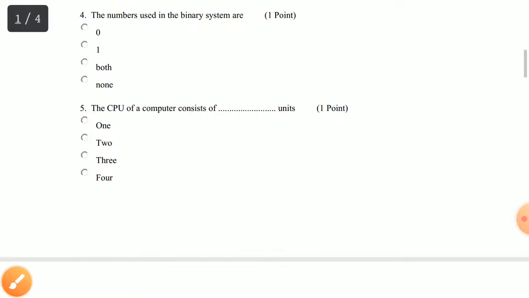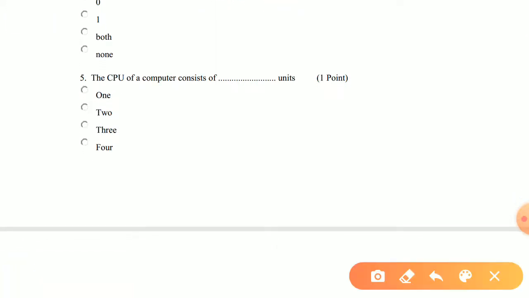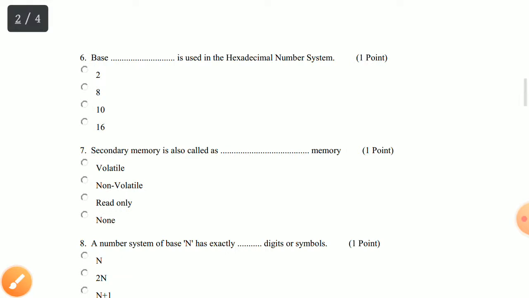Now for the fifth one, the CPU of a computer consists of dash units. It consists of only 3 units. Not 1, not 2, not 4, but 3 units. For the sixth, base dash is used in the hexadecimal number system.